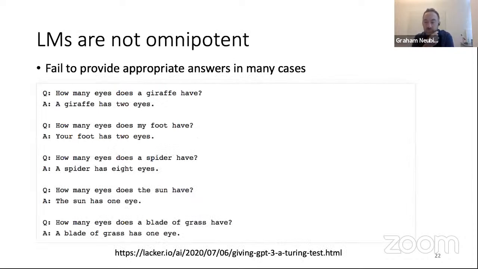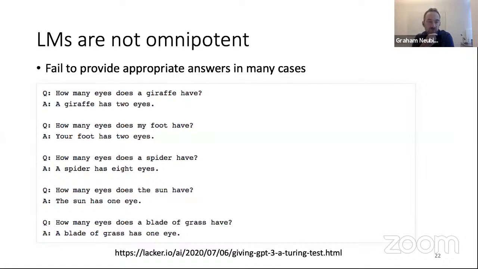So one issue that we're talking about here, which actually might play well into the question that you just got before, is that LMs are not omnipotent. They fail to provide appropriate answers in many cases. This is an example from GPT-3, where a person asked, how many eyes does a giraffe have?